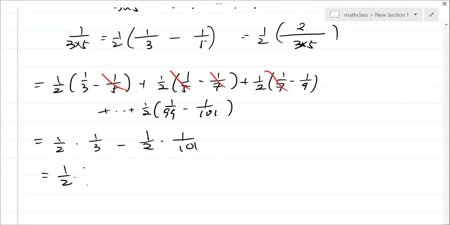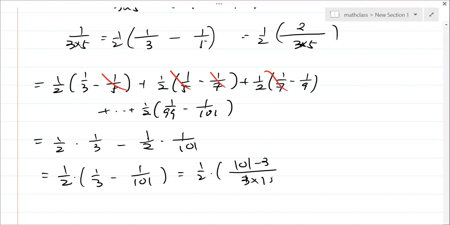No, it's subtraction. So it's going to be 1/3 minus 1/101, which is 98 over 3 times 101, then divided by 2. So the answer will be 49 over 303.